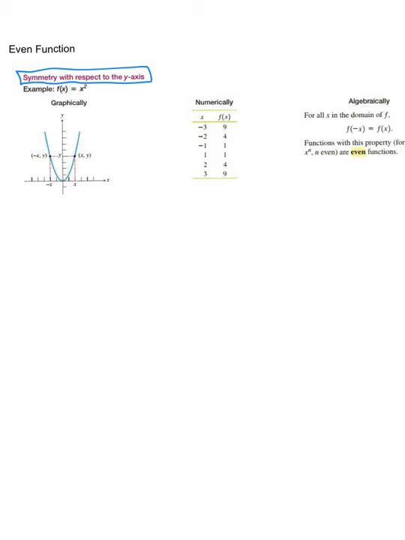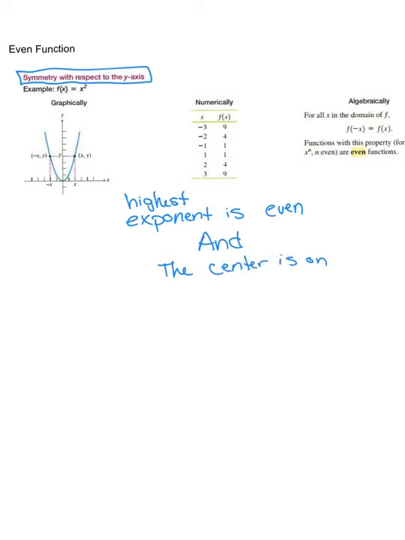It has to be that the highest exponent is even, so that's the degree of your function is even, and the center is on the y-axis. So this allows the y-axis to be your folding line, that when you fold it, it will match up.